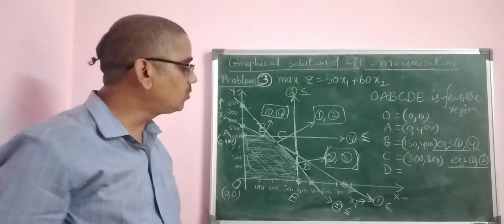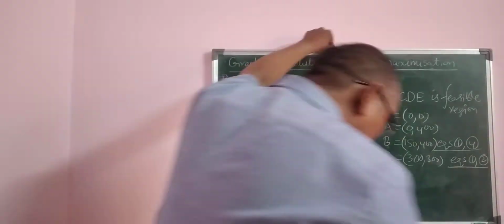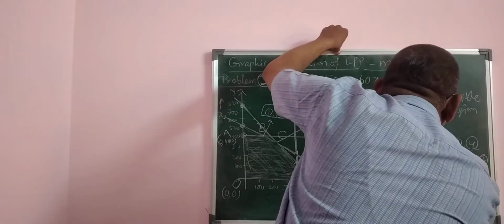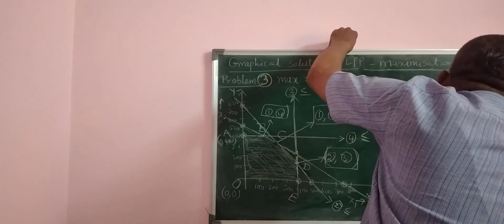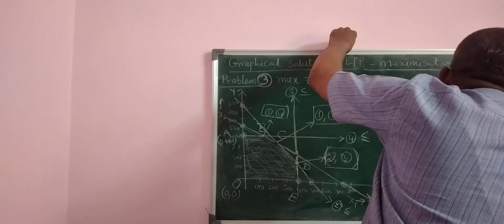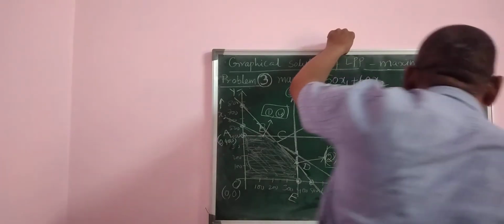If you solve 2 and 3, you will get D. What is D? It is 400 and 150, by solving equations 2 and 3. So this is what you have to do.